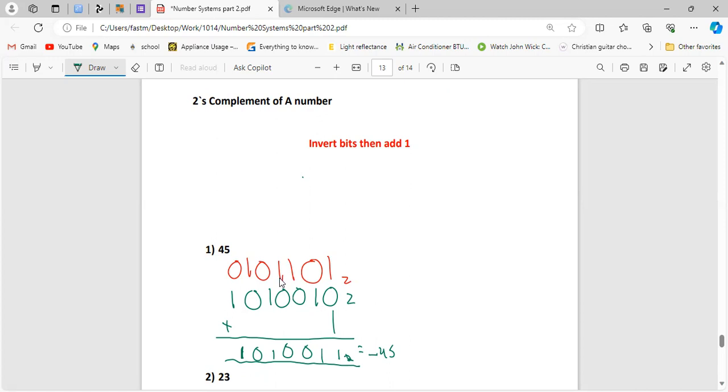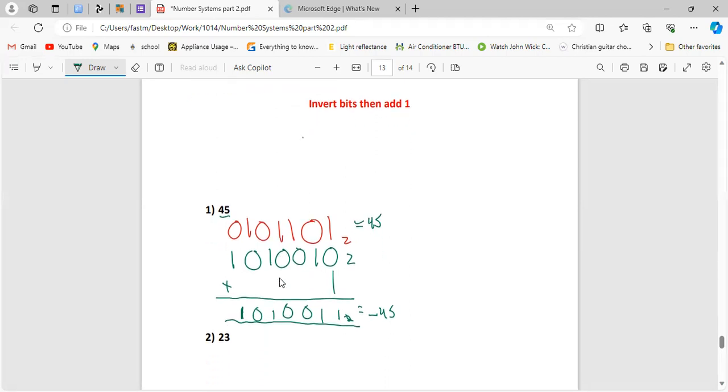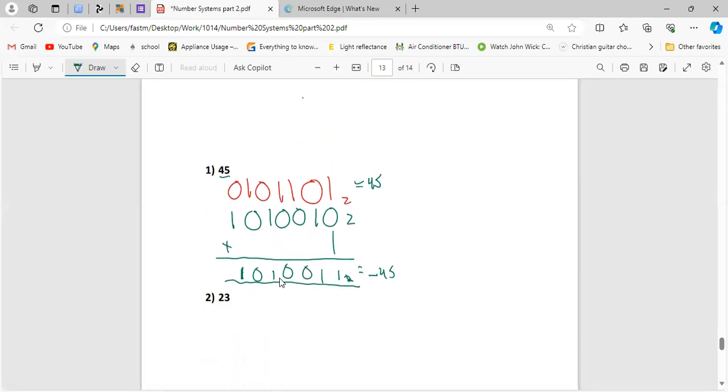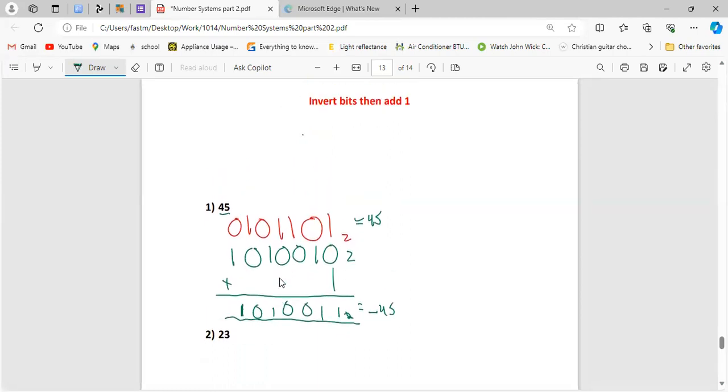Yeah, so just be careful. This is the two's complement of this. So this says 45, and this down here is negative 45. It's just how they express the numbers. So how computers work is they will just go backwards to know what the positive number is. And since you're sending the two's complement, it will know it's the negative of that. So they go backward. They don't read what you're sending.